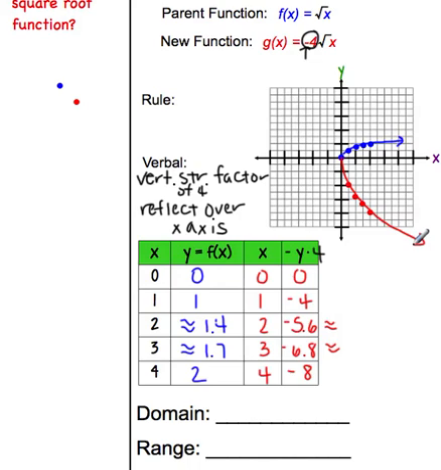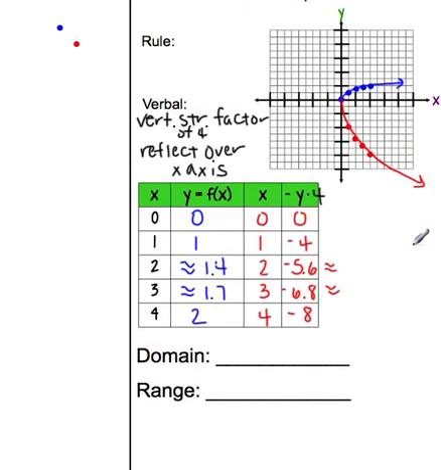Now we want to work on our domain and our range for our new function, as well as write our rule. So as you can see from our bottom, our rule is that we're going to have x stay the same and y is going to become negative 4y. That's why I like writing it into the table, because it'll help us write our rule in the end. So now we need to write that domain.